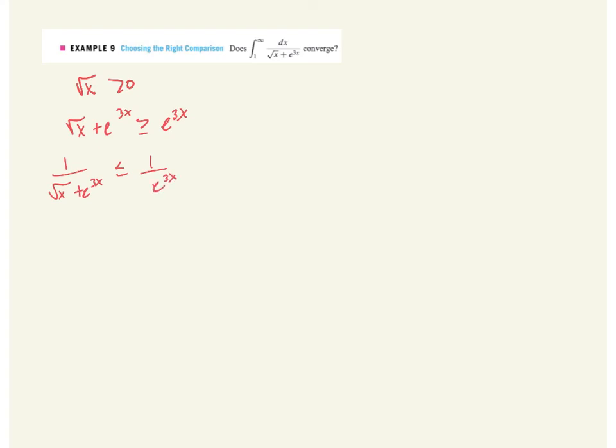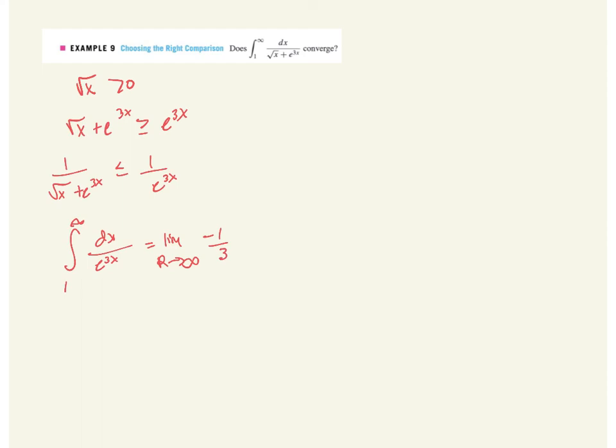So working with this, integral 1 to infinity of dx over e to the 3x is equivalent to the limit as r approaches infinity of negative 1/3, right?